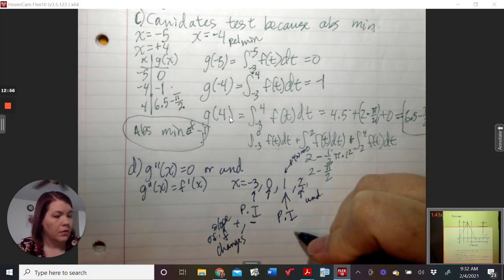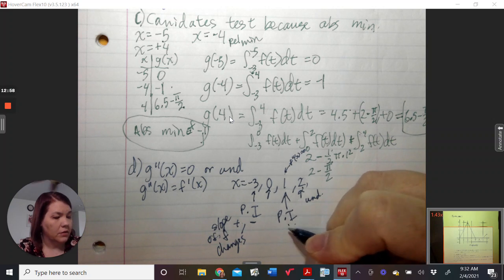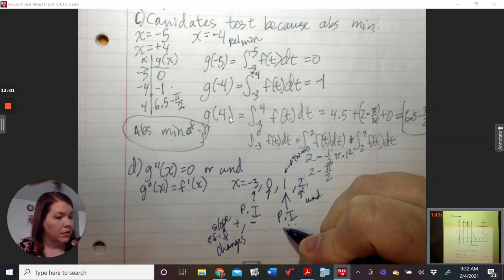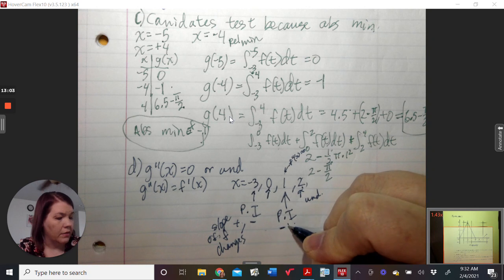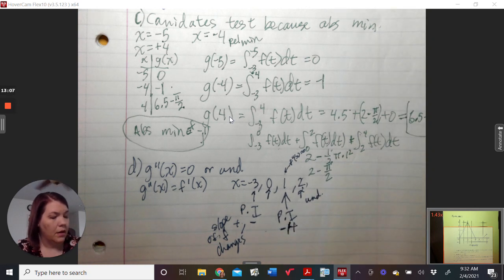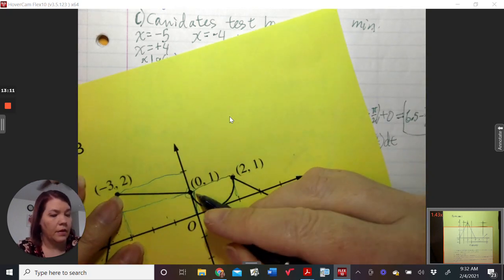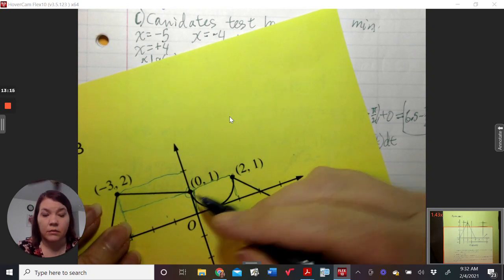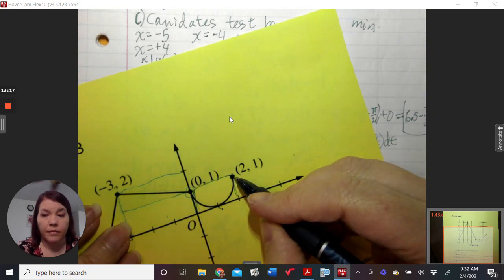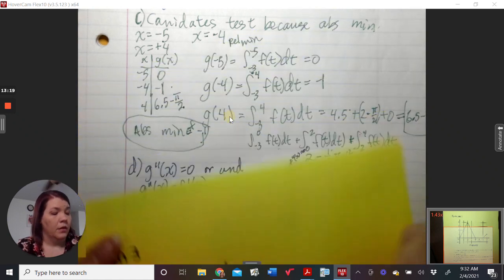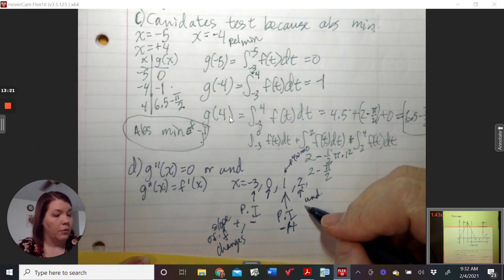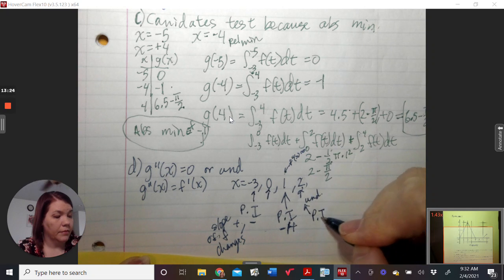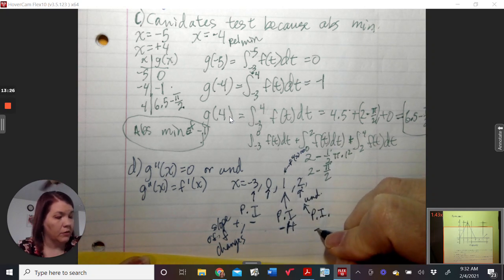Slope of f changes from negative to positive, and here, see how it changes, but here it doesn't. So that point of inflection is not. And then here. And at 2, this is also a point of inflection. That one's because it goes from positive to negative.